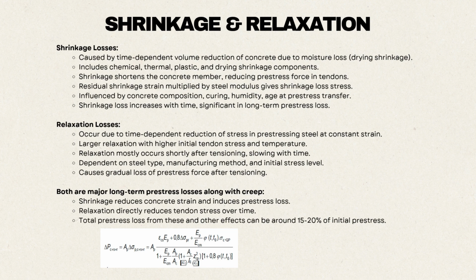Relaxation becomes larger with higher initial stress levels. Together with creep of concrete and other losses, shrinkage and relaxation form the majority of time-dependent pre-stress losses. Total losses typically range around 15 to 20% of the initial pre-stress force, depending on whether the system is pre-tension or post-tension.